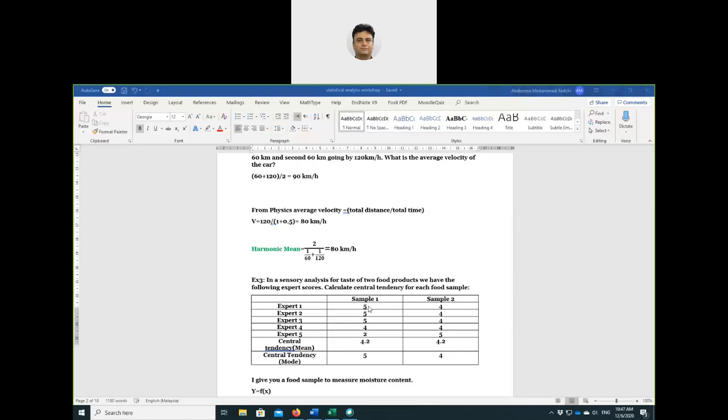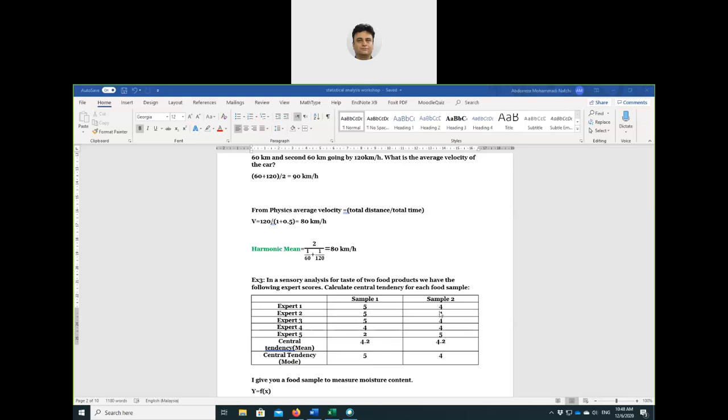We have 3 and 5 here, so the mode is 5. Here we have 4 and 4, the mode will be 4. So when you report 5 for this one and 4 for this one, it shows the best background of the data. Here 5 is more representative for this data than 4.2, and here 4 is more representative than 4.2.